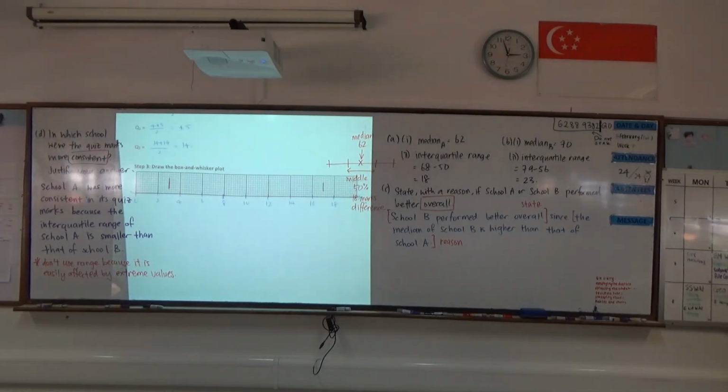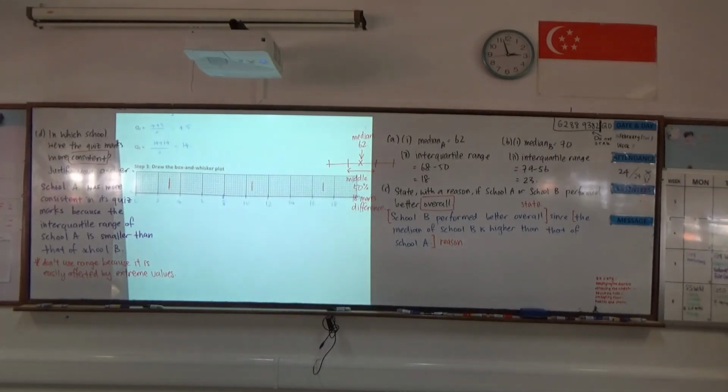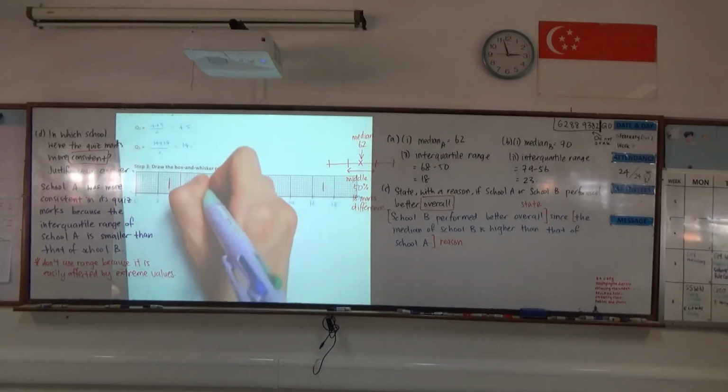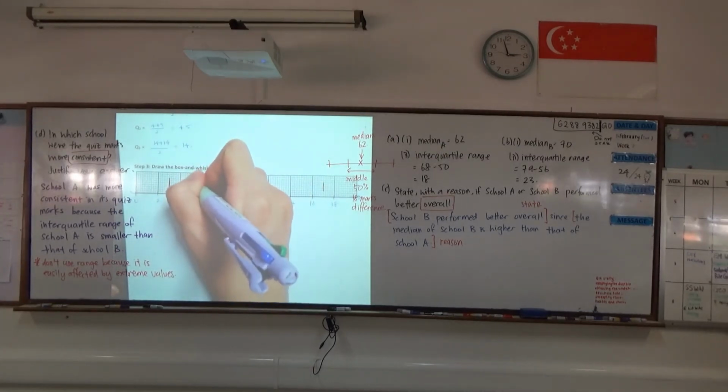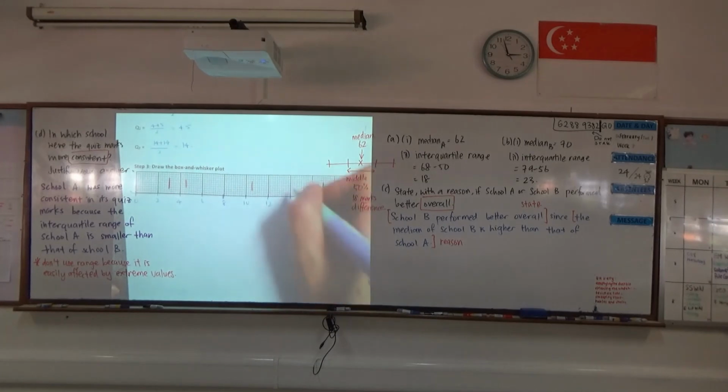Median is at 10.5, so that means in between the squares. Q1 is at 4.5, and Q3 is at 14. No need to be so OCD and try to balance and make it artistic.